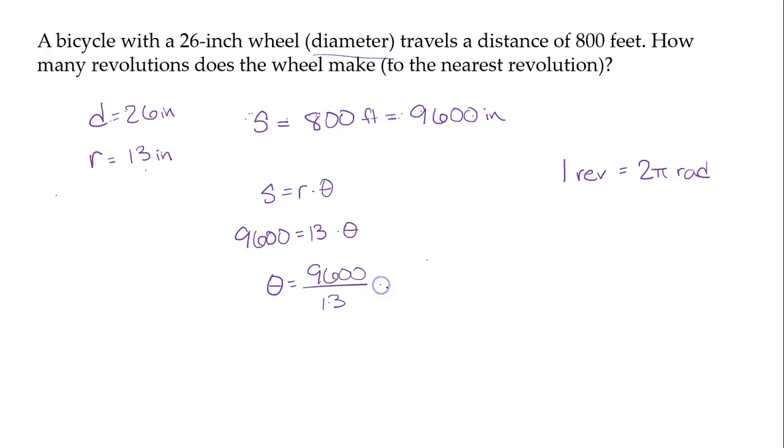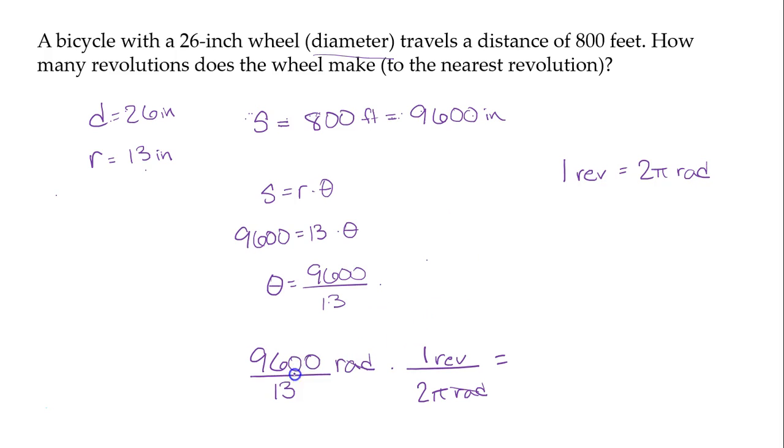If we multiply this radian measurement by 1 revolution over 2 pi radians, we end up canceling our radians out right there. And we have it now, our answer is going to be in revolutions.